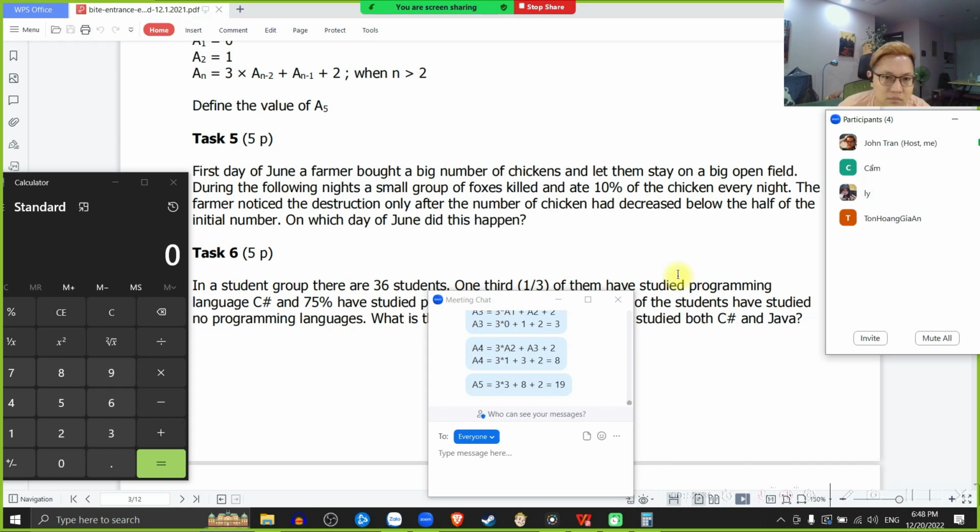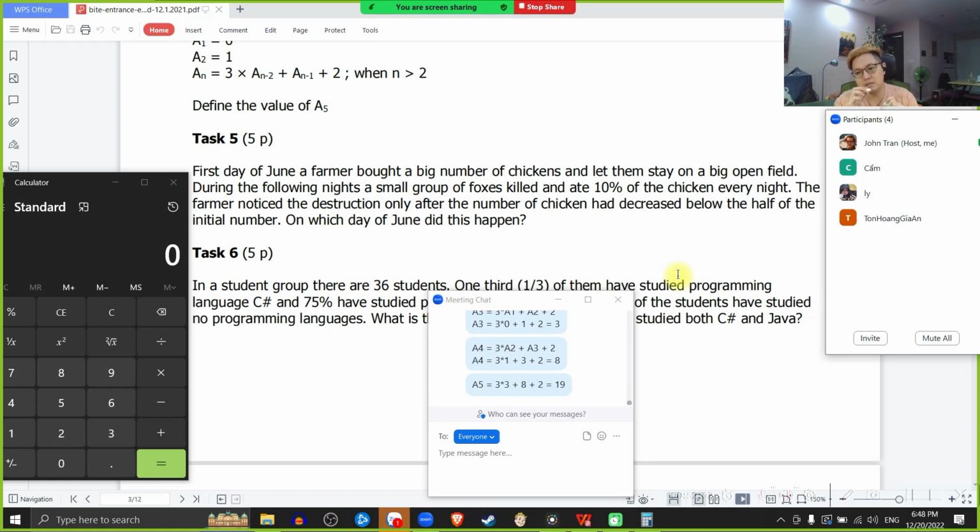The farmer noticed the destruction only after the number of chicken had decreased below the half of the initial number. On which day of June did this happen?